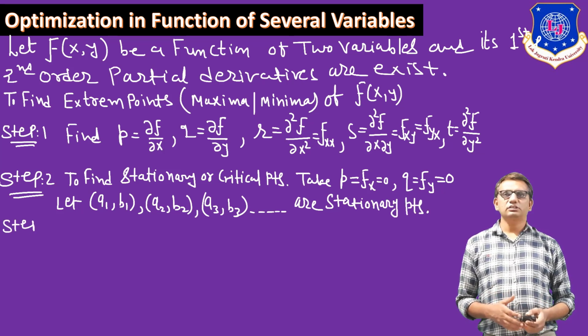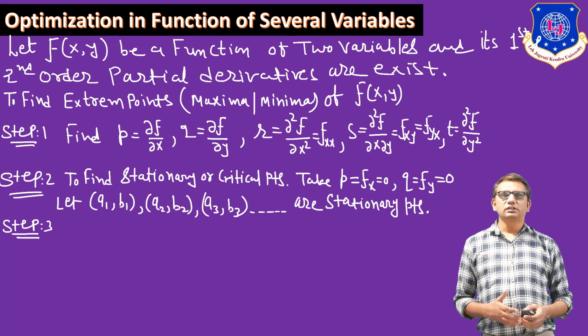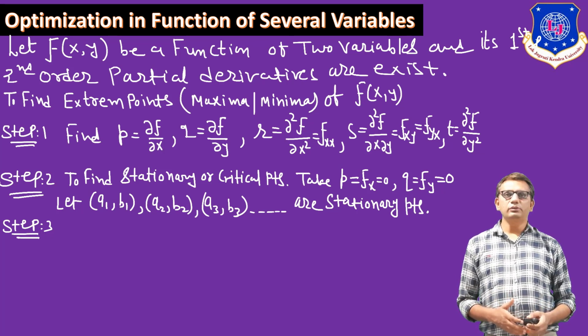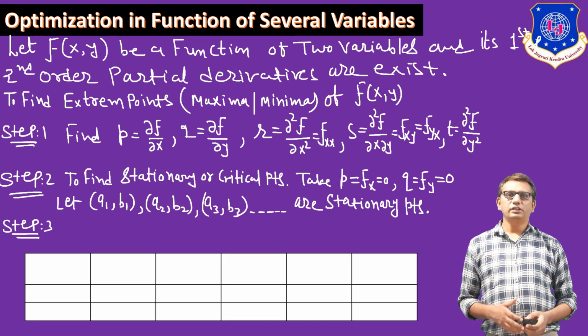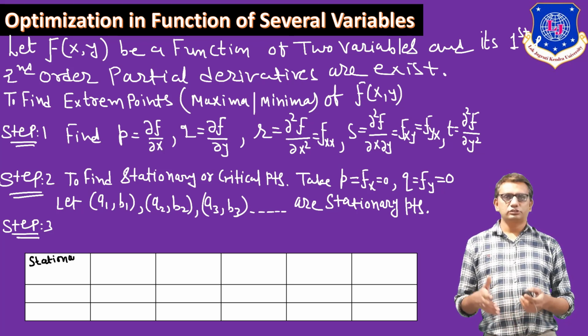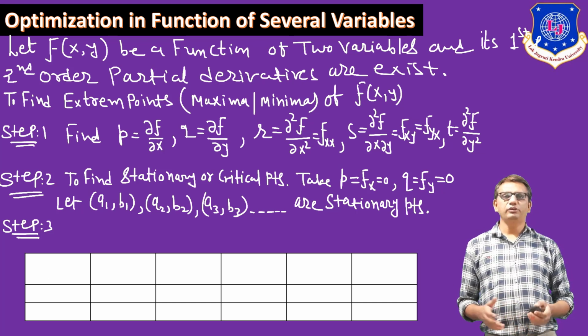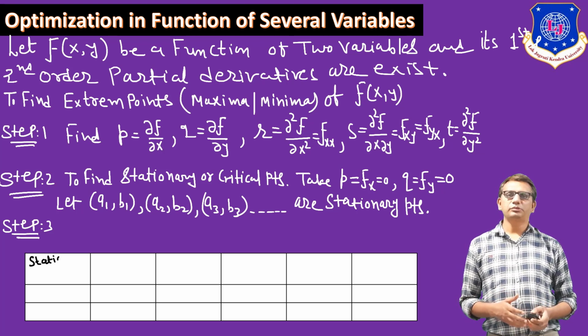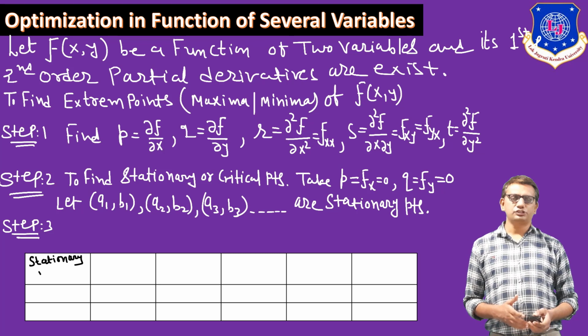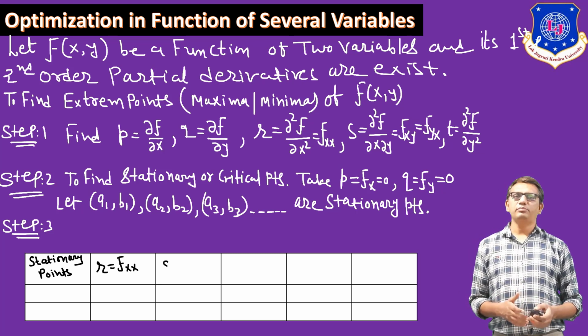In this situation, we check whether our function has a maximum value or minimum value. So we will find that in the third step. In the third step we draw a table, and in the first column of the table we write down the stationary points which we already found in the second step.